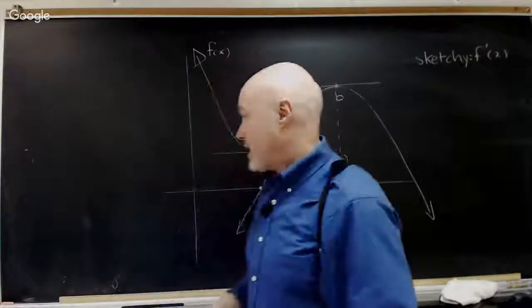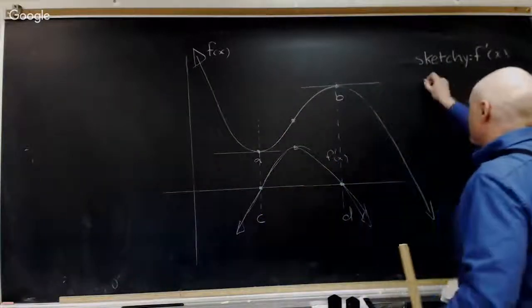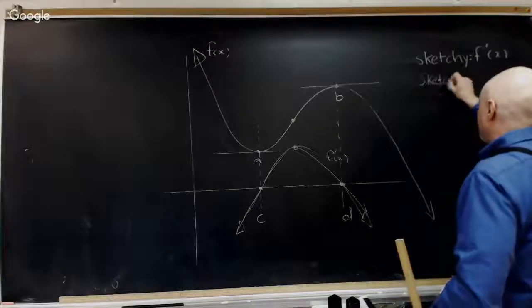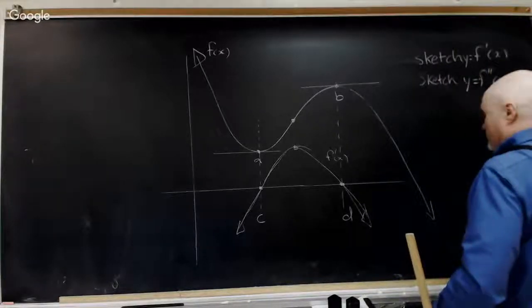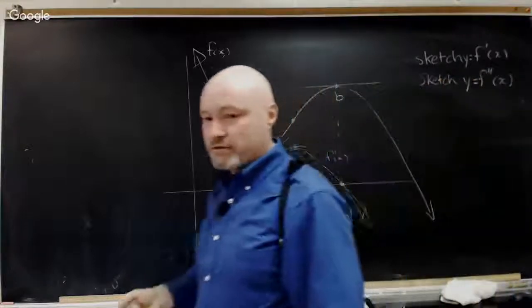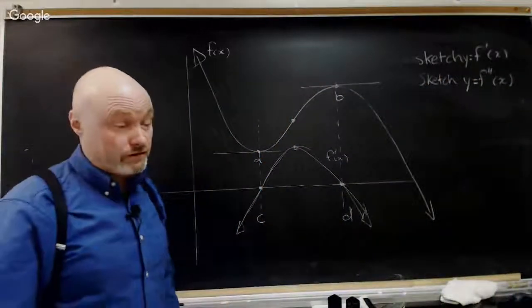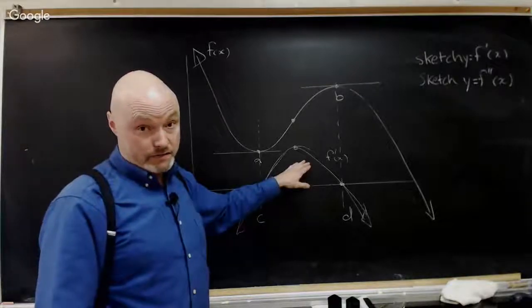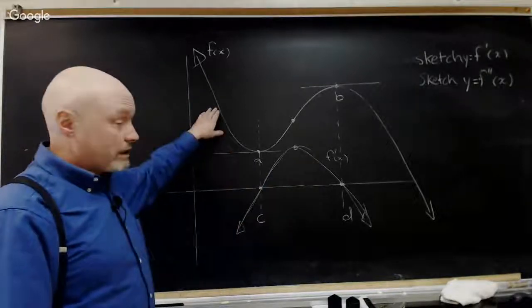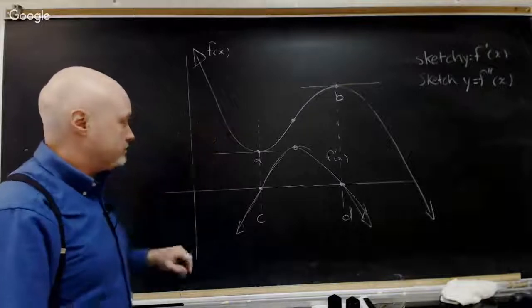So let's look at the second derivative. So let's sketch y equals the second derivative of x. And so the second derivative is the derivative of the derivative. So I can sketch my second derivative by looking at my derivative. And we'll try and relate it back to the original function.